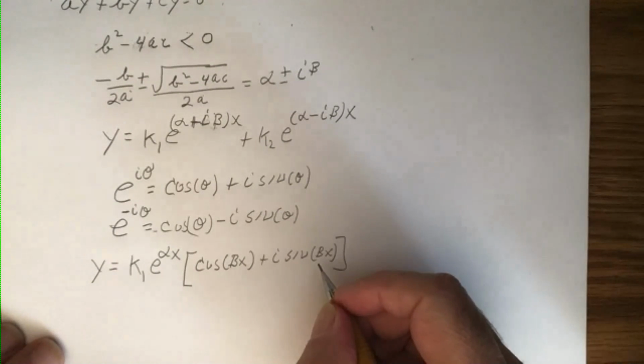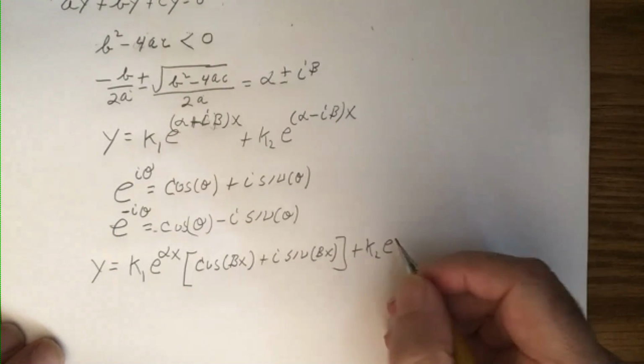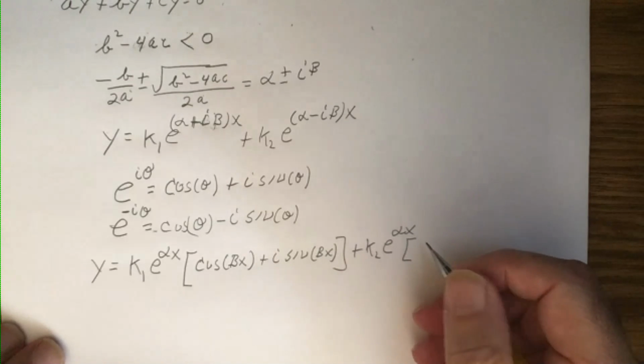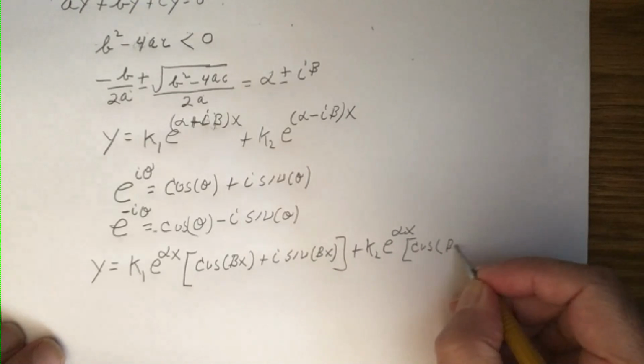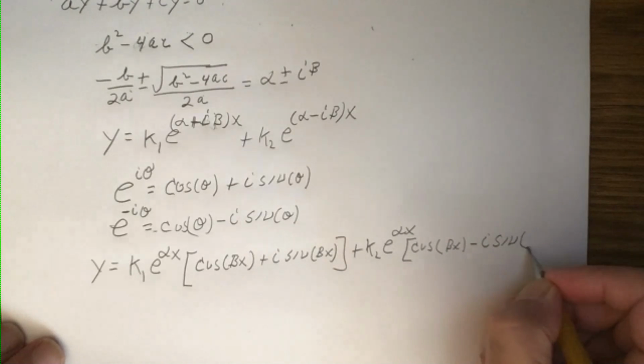That's supposed to be a beta, not a b. Plus k2 e to the alpha x, and this is in my notes, cosine of beta x minus I sine of beta x.